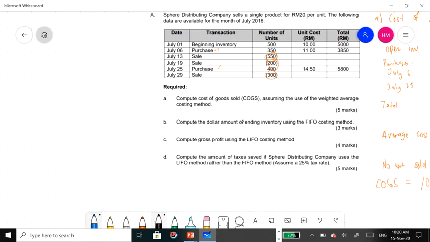Compute the dollar amount of ending inventory using the FIFO costing method. Okay. So kita nak tahu ending. So, since dia first in first out, so yang ni lah yang akan keluar dulu kan. So kita buat je formula dia.